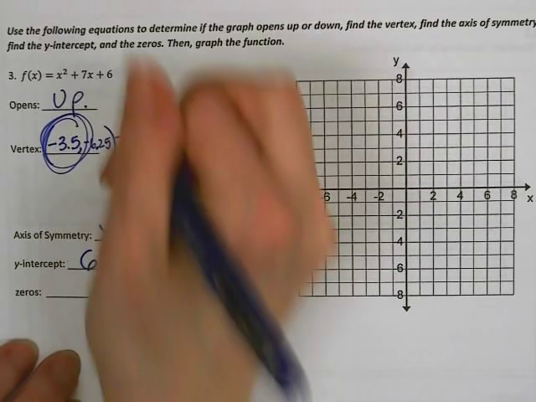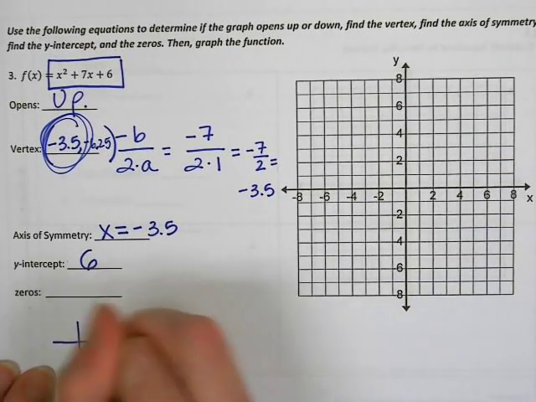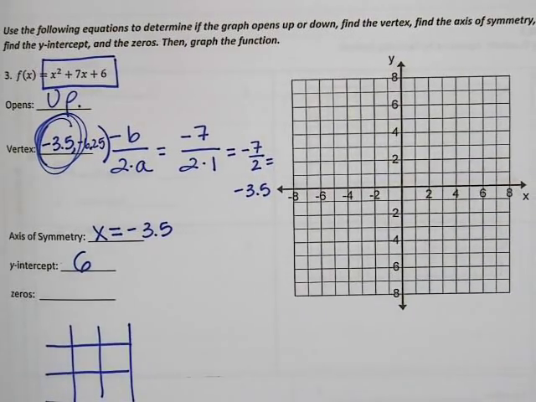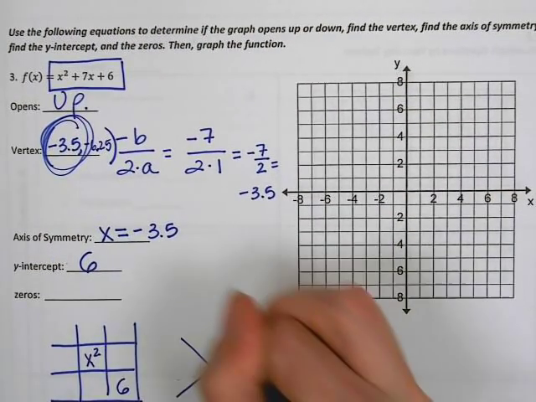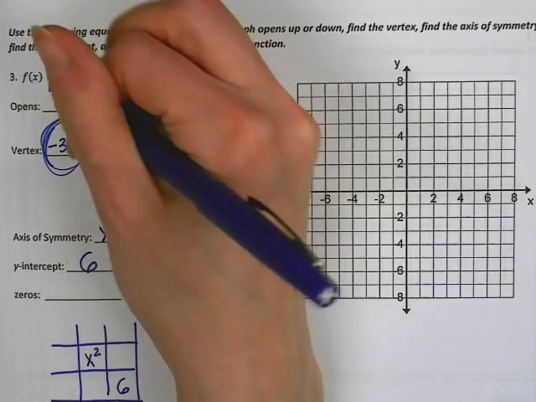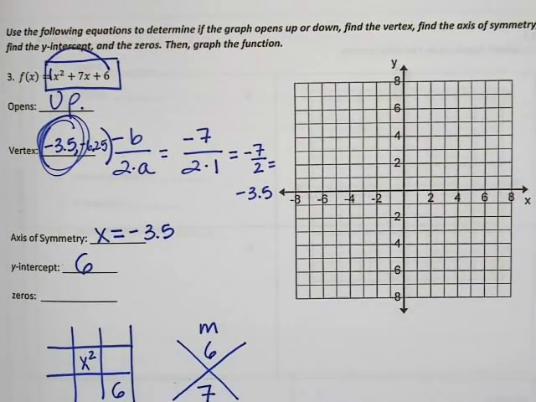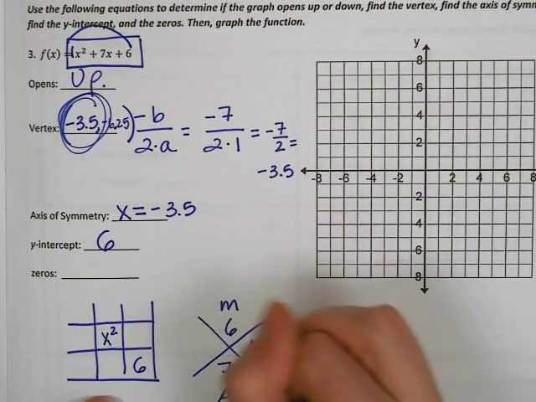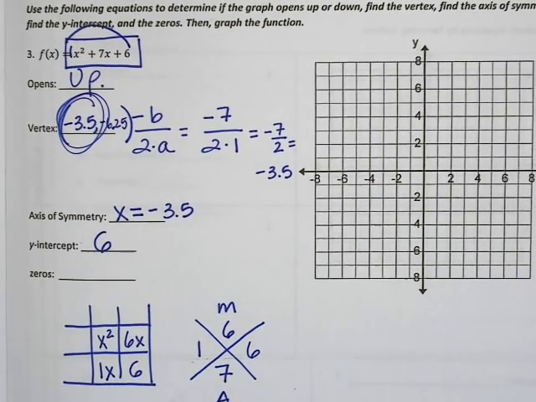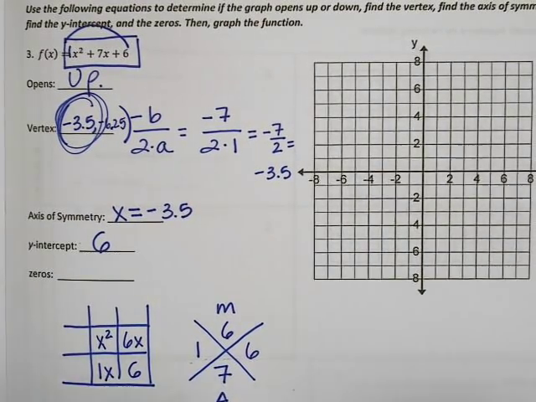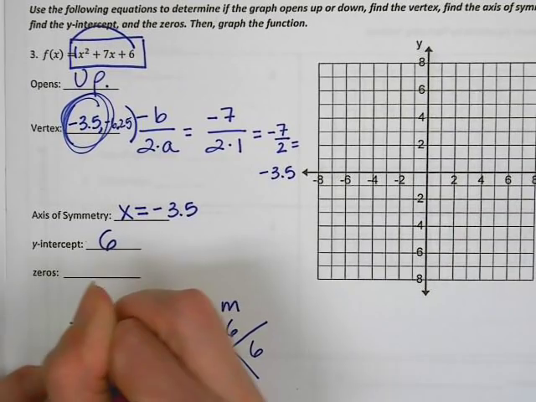So for this one, it's a trinomial. So we do the MA box. Okay, so x squared here, 6 here, and then we got to find two numbers that multiply to 1 times 6, which is 6, but adds to 7. And that ends up being 6 and 1. So we put 6x and 1x. Okay, and then we GCF. GCF here is 6. GCF here is 1x. GCF here is 1x.